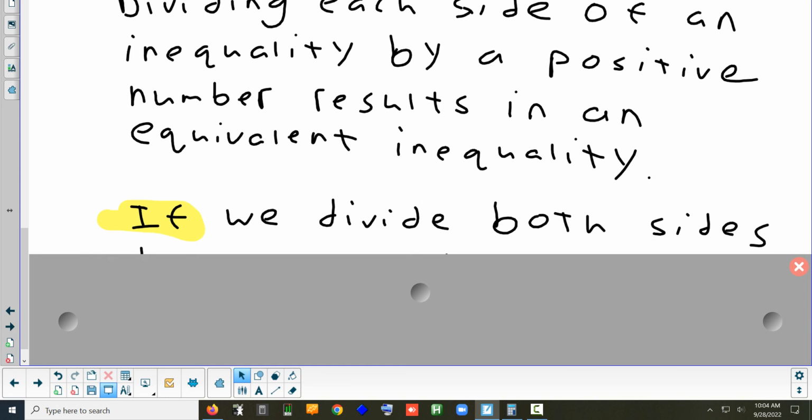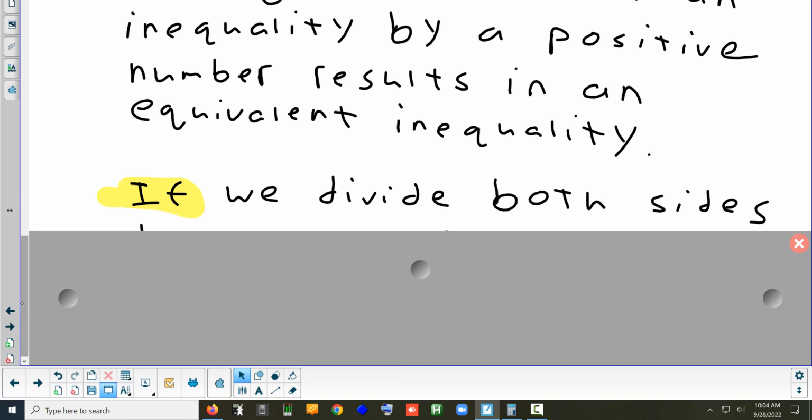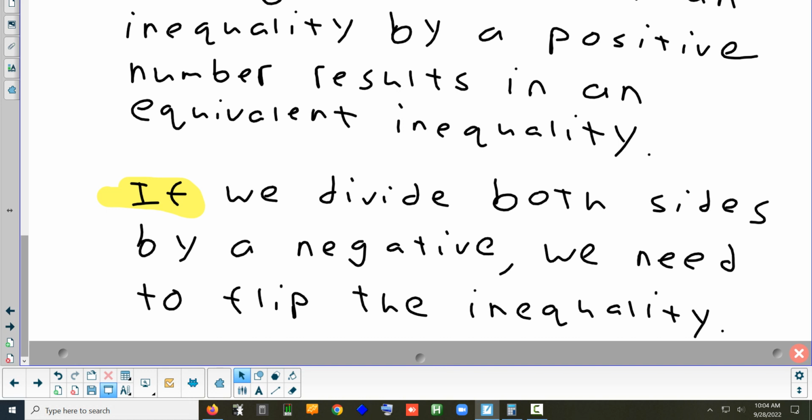So it's almost going to be exactly the same thing you just wrote for the other one. On the right-hand side, where you have those 4 lines, you want to write down, if you divide both sides by a negative, to make that work, you have to flip the inequality. Unfortunately, if you forget to do that, nothing is going to pop out at you or tell you that you did something wrong.